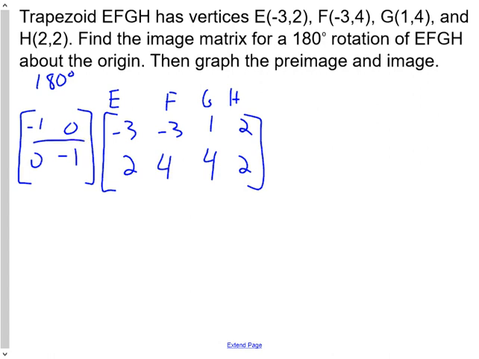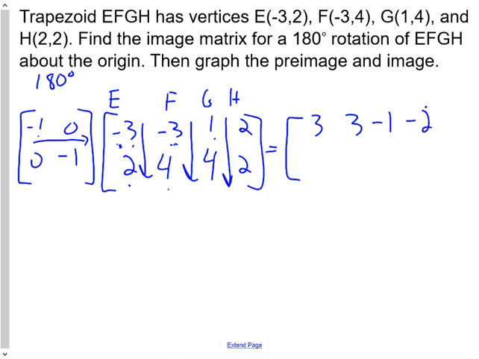So if we did this math, for matrix multiplication, which we'll show you first, basically this ends up being -1 times -3 plus 0, right? We're just flipping the sign. -1 times the other -3 plus 0, right? Because your top number should just be flipping that +3 to -3, -3 to +3, again -3 to +3, +1 to -1, and +2 to -2.